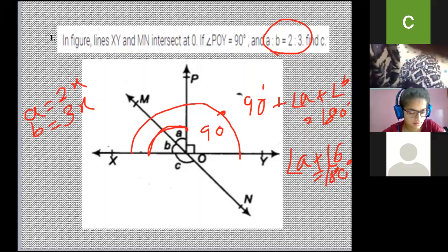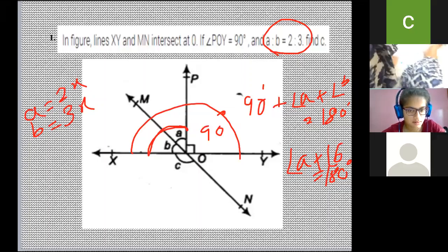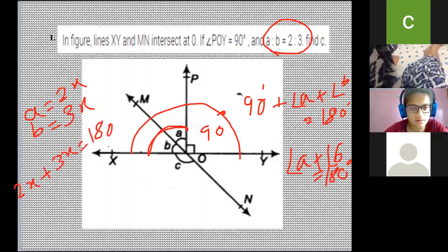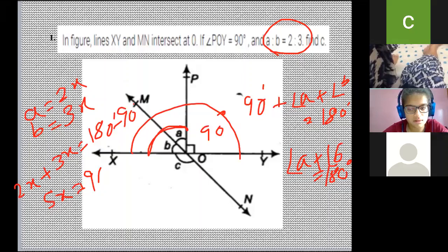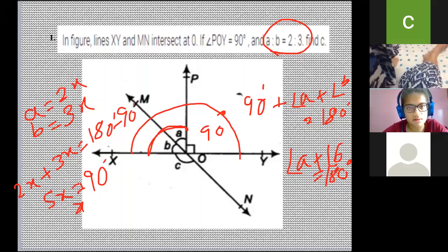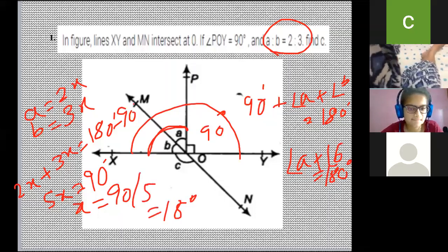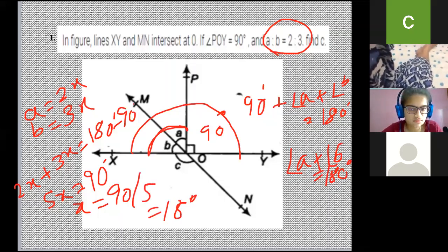So 2x plus 3x equals 180 degrees minus 90. So 5x equals 90. What will be the value of x? 90 divided by 5, which gives 18 degrees.